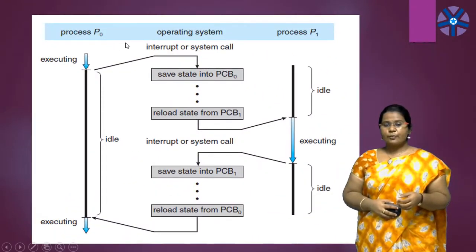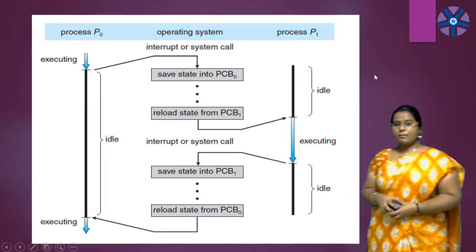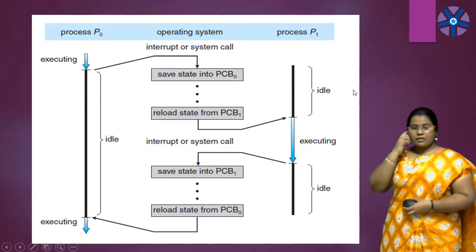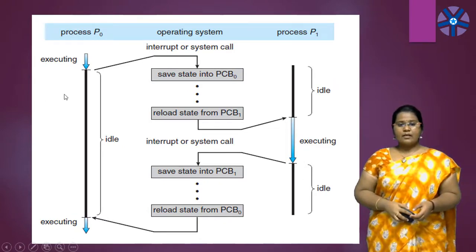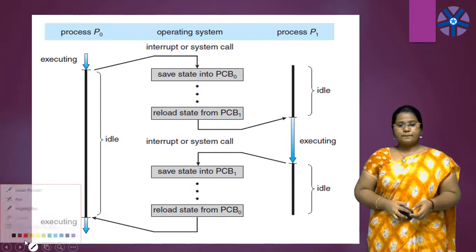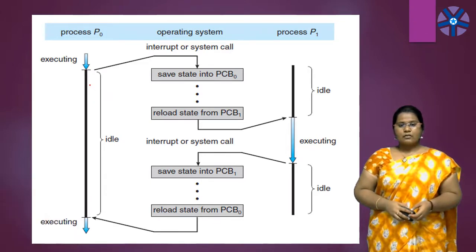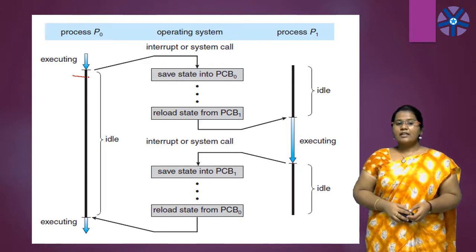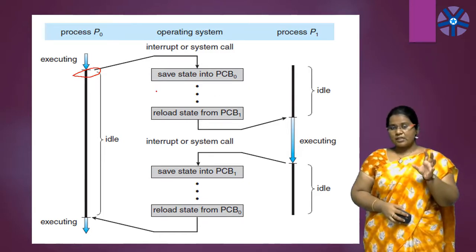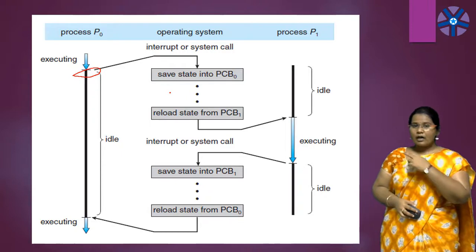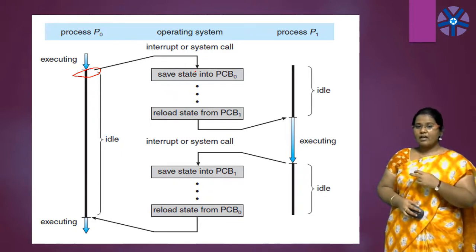Here we have two processes, P0 and P1. If you observe the time where the process P0 has stopped its execution, all the present data of its process control block are saved by the kernel.